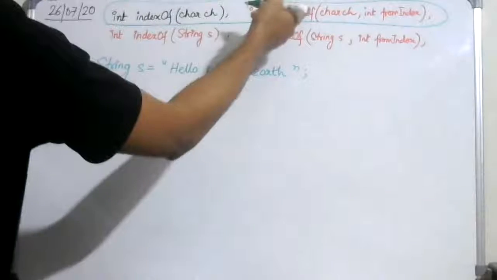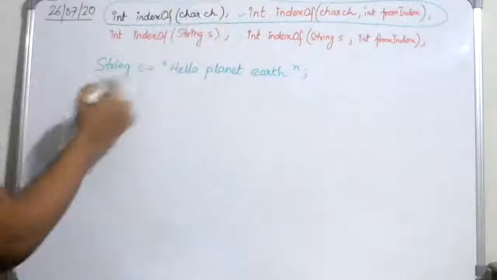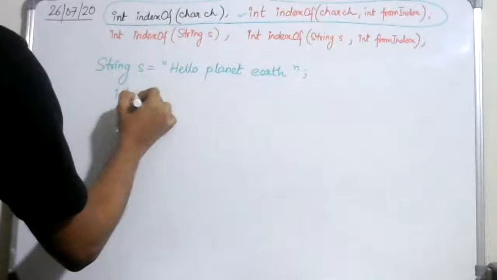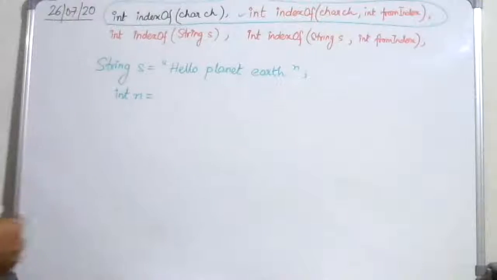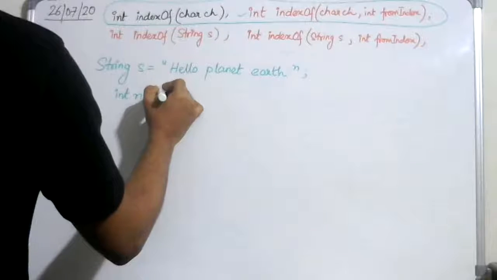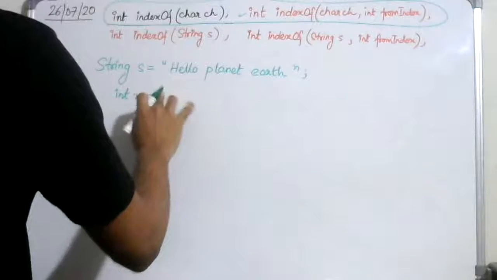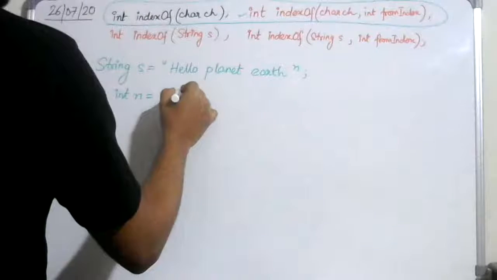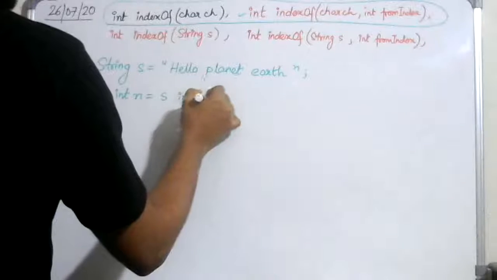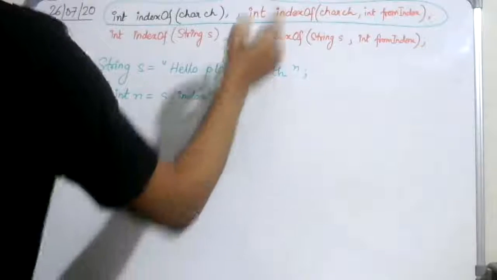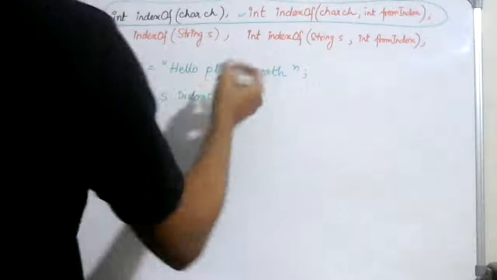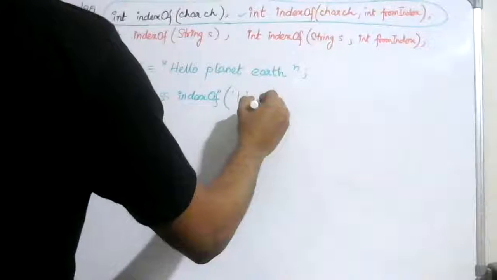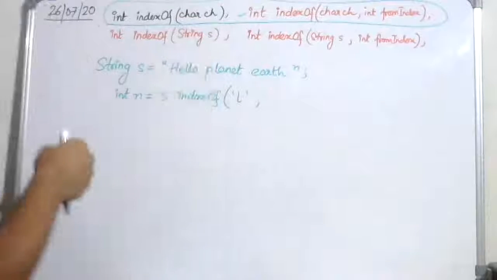Now let's say I want to use this particular version. So I define an integer variable, and I call it upon the string variable s. So s dot indexOf, let's say I want to find the character L, but I want to start not from the 0th position.